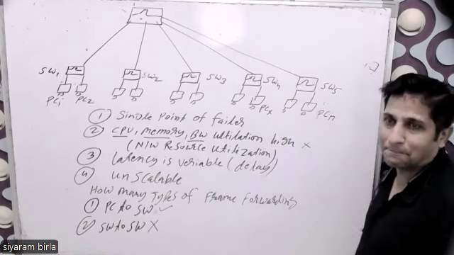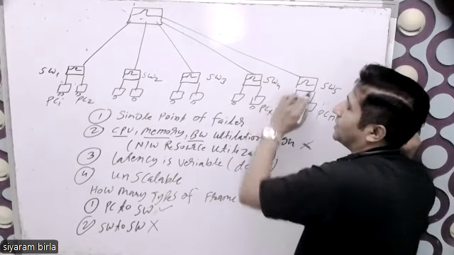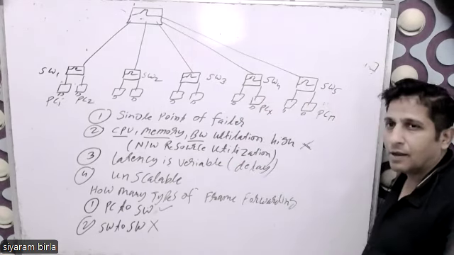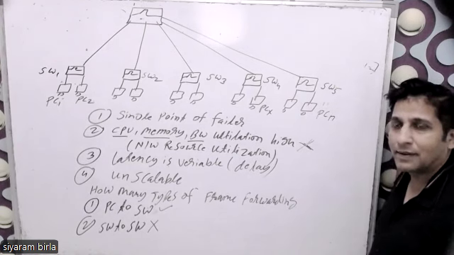So that problem will be solved, because all the switches communicate via this switch. If this PC wants to communicate with that PC, this switch will process it. It's a centralized switch, so my CPU and memory load problem will be resolved.